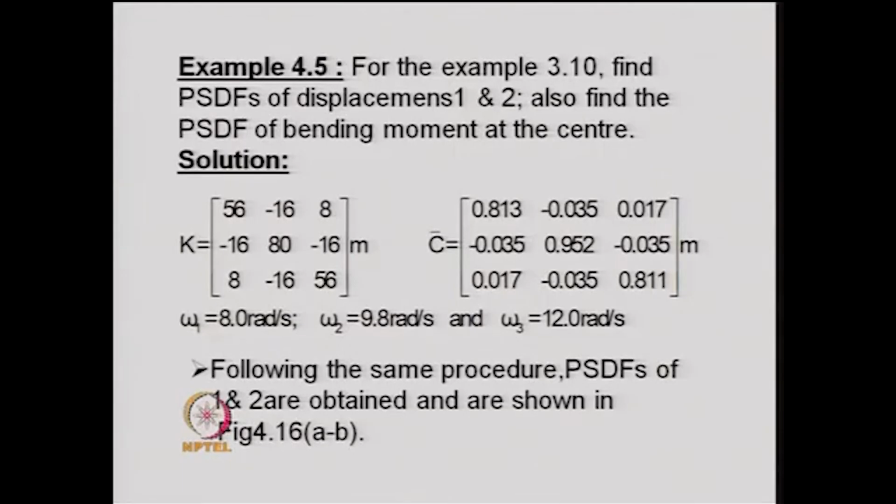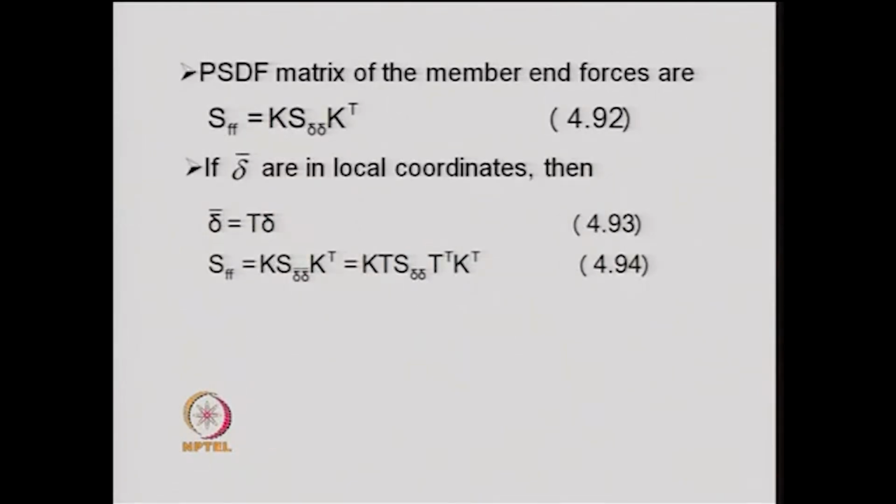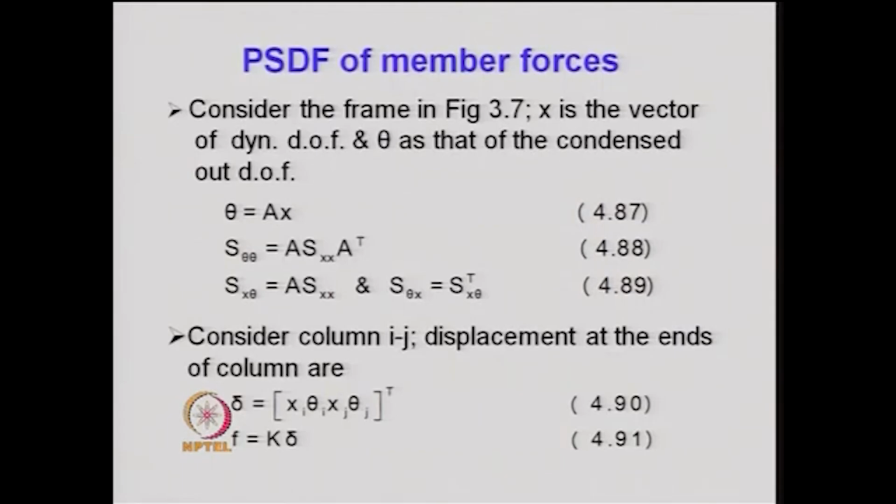So, all those things must be known, then only one can obtain the power spectral density function matrix of the member end forces. Thus, we see that to find out the power spectral density function of the member forces for excitations which are same at different supports, the formulation is simpler.